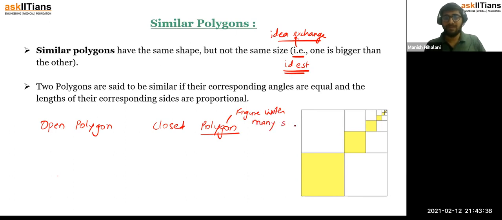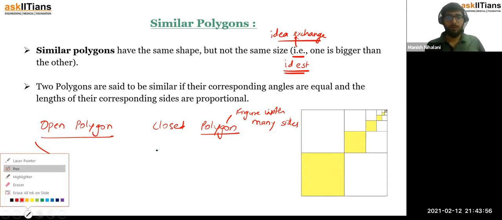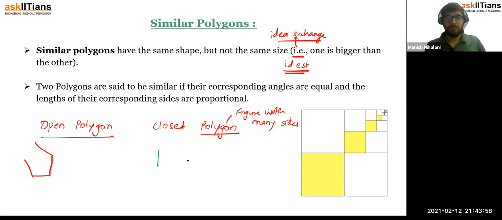An open polygon is a polygon which has n sides but is open, for example like this. But a closed polygon is like this, because all the vertices are connected to one another. A polygon can have n sides.